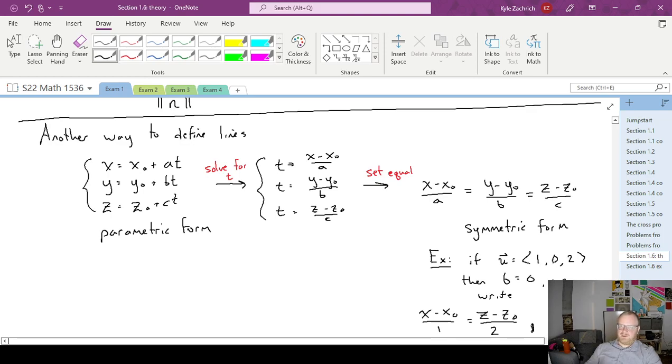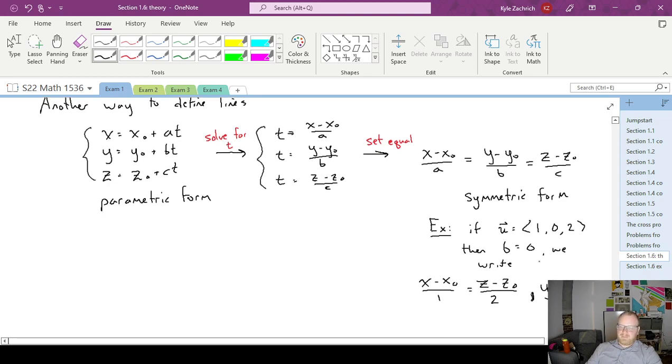It's sort of like a horizontal line if you want to think about it in 2D. So then we would just say y is equal to y naught in there, and it doesn't change. It just stays at that point, whatever it is.